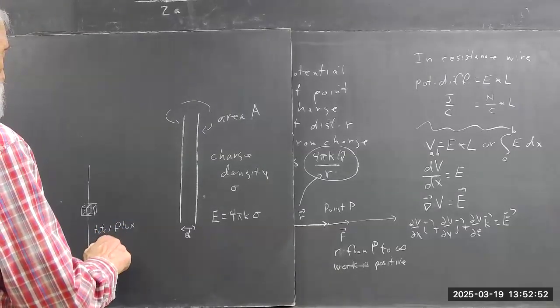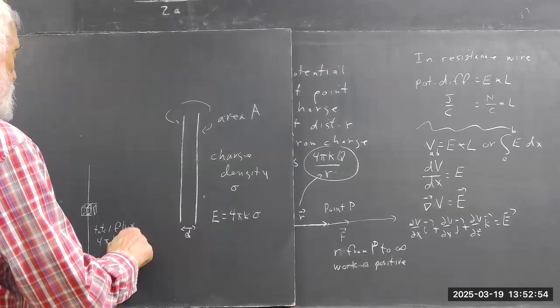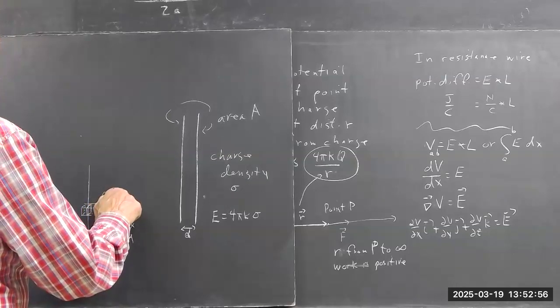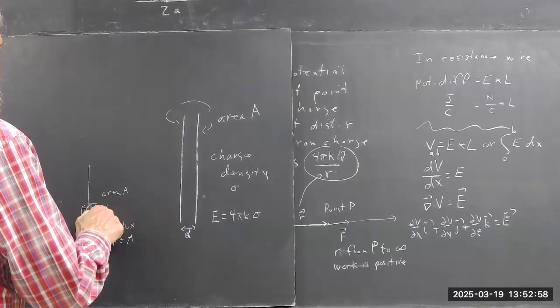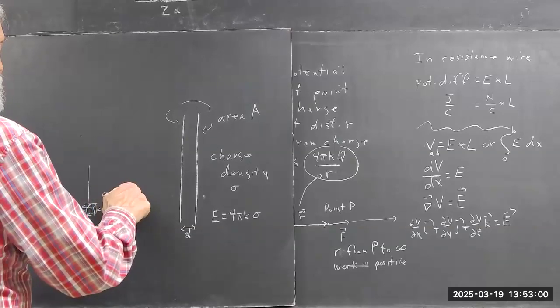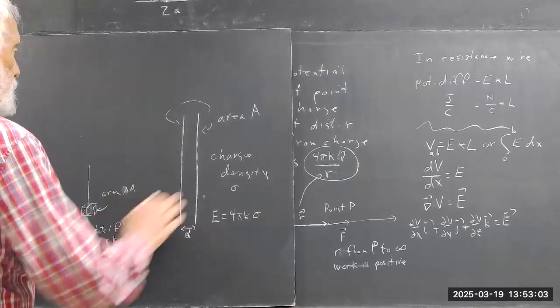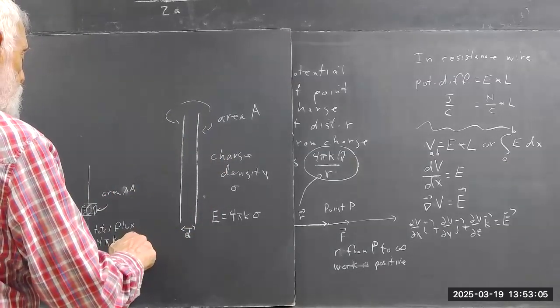is 4 pi k sigma delta A. I'll use delta A so you don't confuse it with the total area, the whole thing.